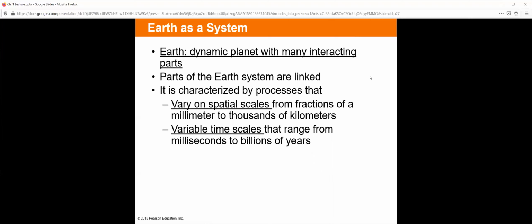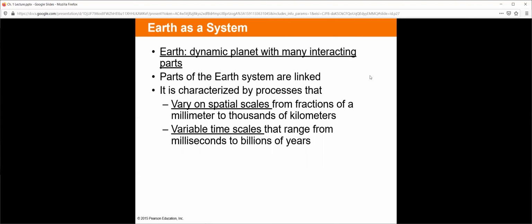And a lot of the processes we're going to talk about, a lot of the dynamic interactions that take place in the geosphere on this planet span that spatial scale. The same thing that causes a fraction of a millimeter change will cause that exact same change on a continent-wide basis. Variable timescales kind of works in the same way.